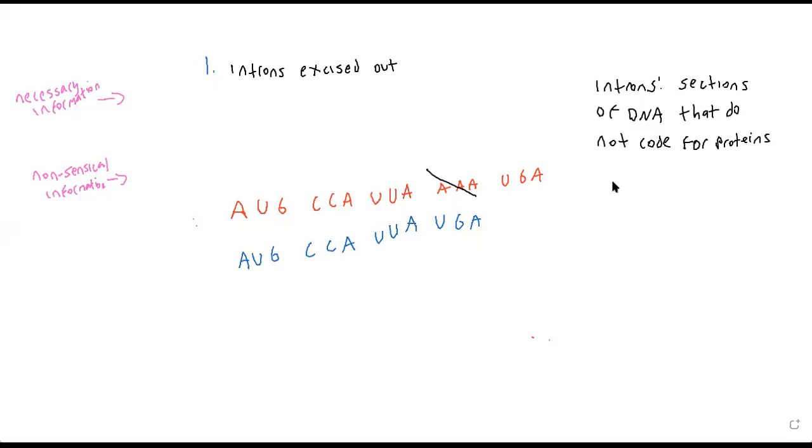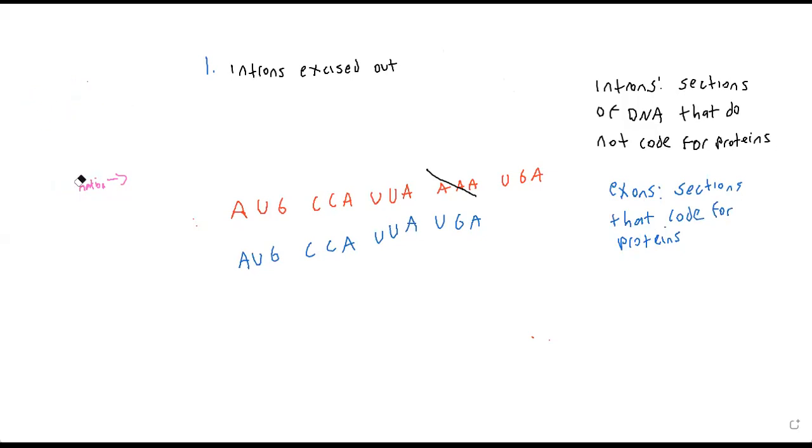The part that remains are called the exons. And these are sections that code for proteins. I guess it's similar to when you write an essay for English, and you put in a part that really is not necessary. In fact, it serves no purpose, so you just take it out. It's similar to that.